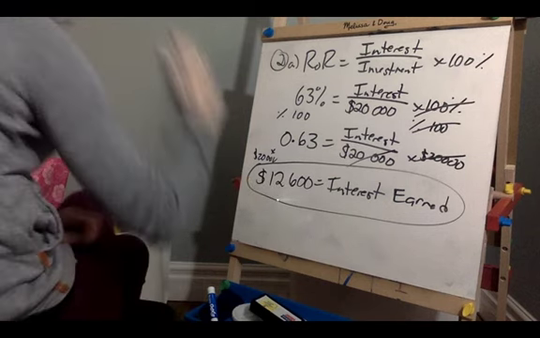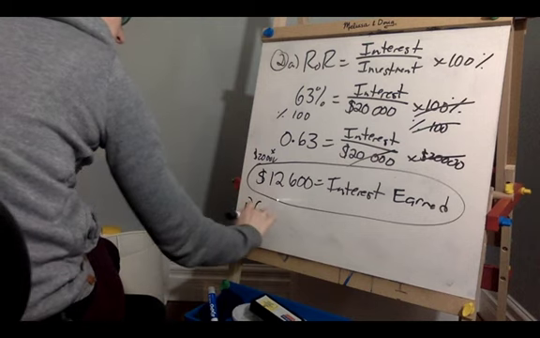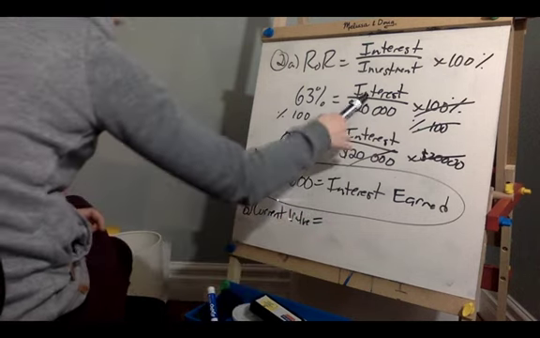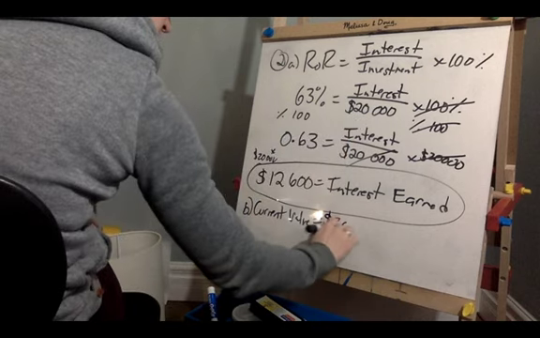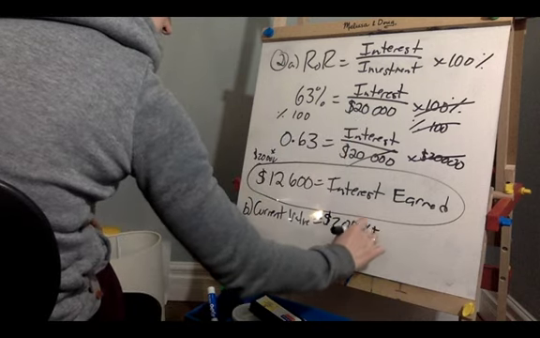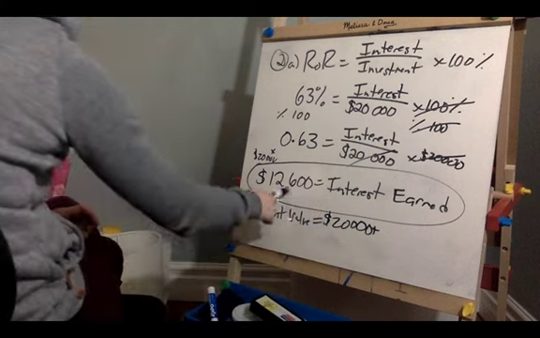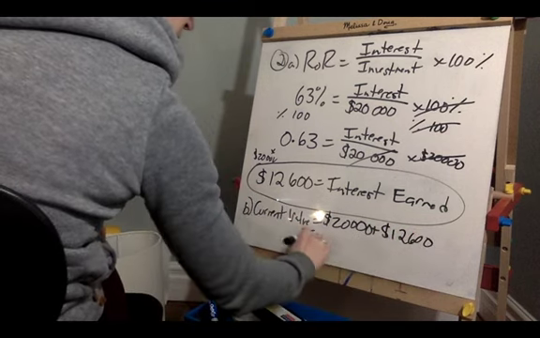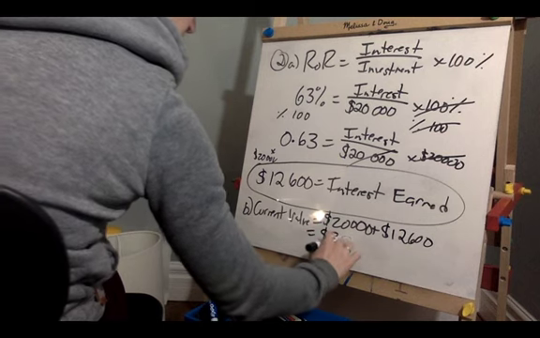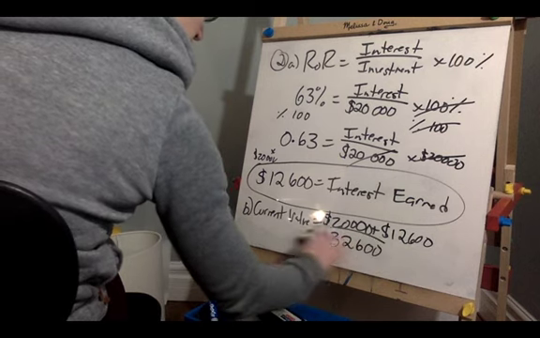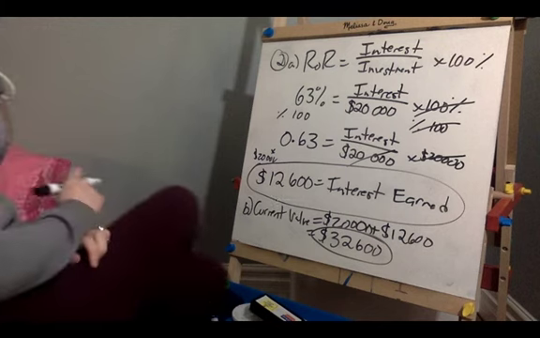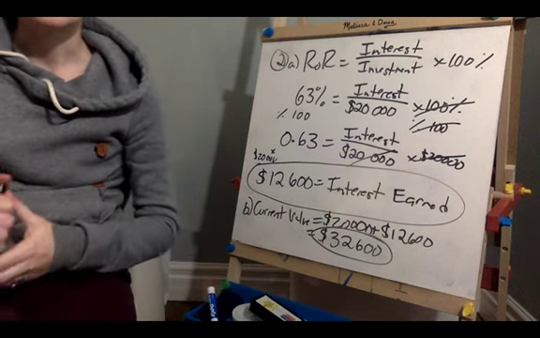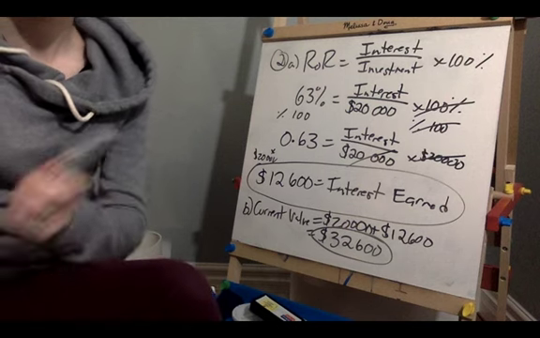So the current value of his investment is what he started with, plus what he earned in interest. And if we add these together, we get $32,600. That's what's sitting in his account right now, after those 7 years of investing, okay?